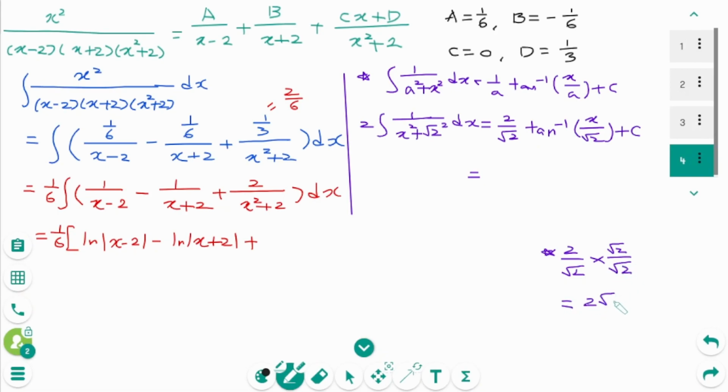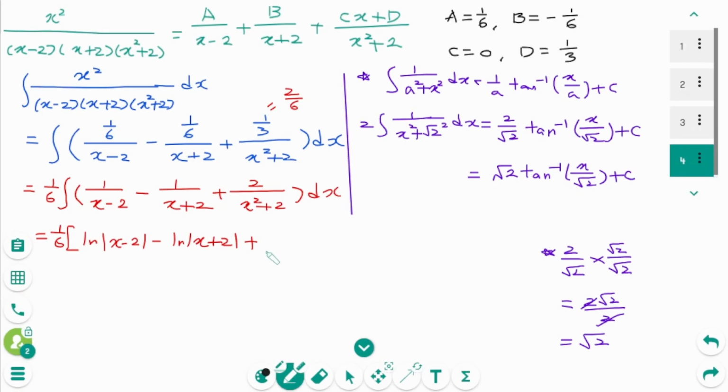Then the 2 and the 2 cancel, leaving square root of 2, which we can rewrite as square root of 2 arctangent of x over square root of 2 plus c.